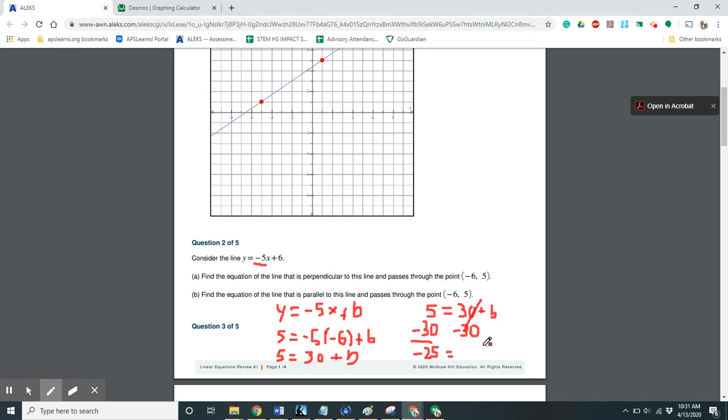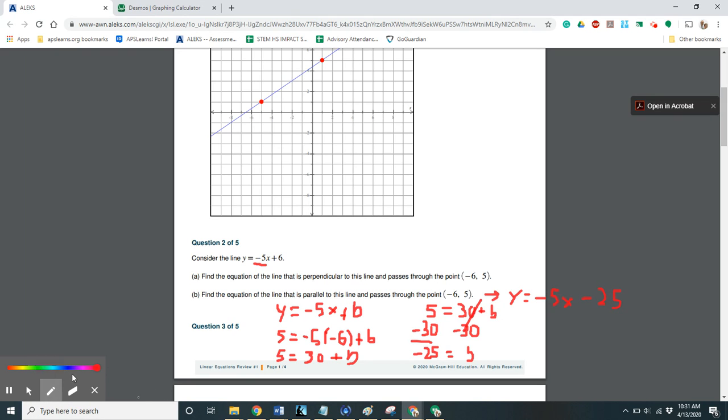And b is -25. So this equation is then y is equal to -5x minus 25. That's the parallel line.